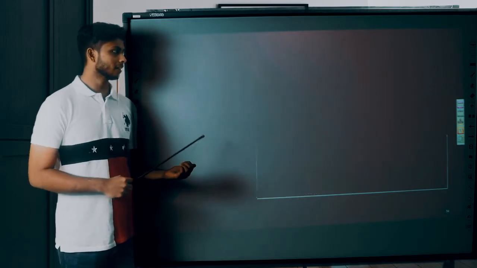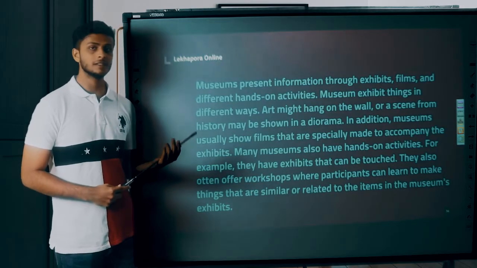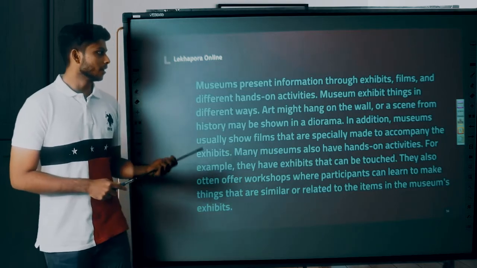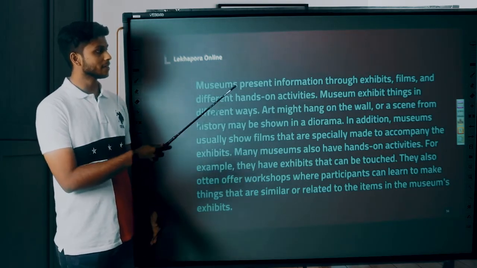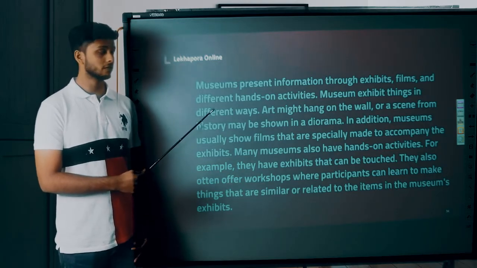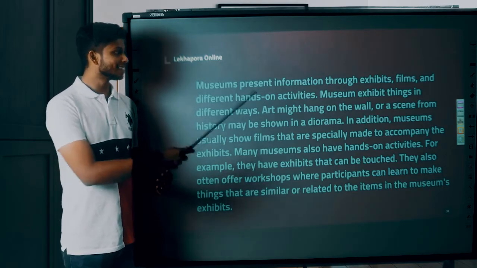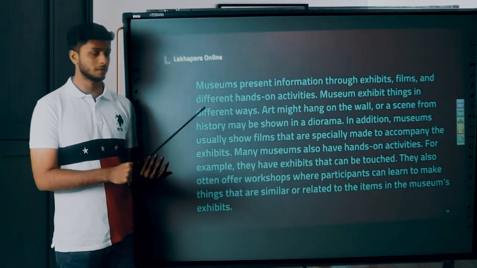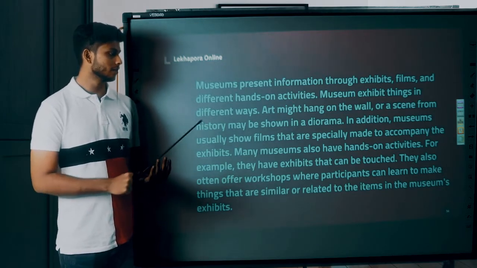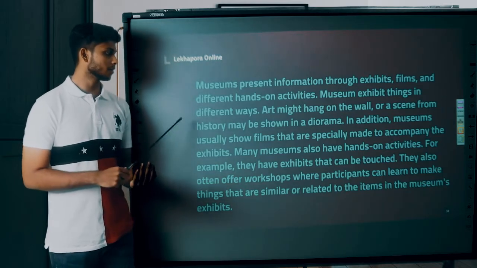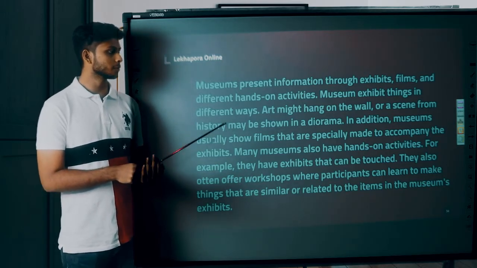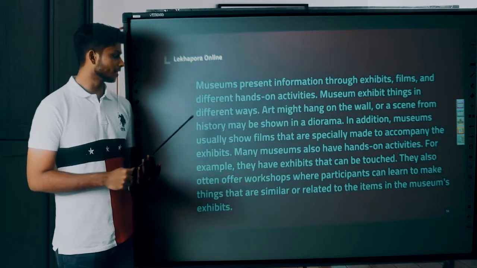So here is an example response. You could say museums present information through exhibits, films, and different hands-on activities. Museums exhibit things in different ways. Art might hang on the wall, or a scene from history may be shown in a diorama. In addition, museums usually show films that are specially made to accompany the exhibits.